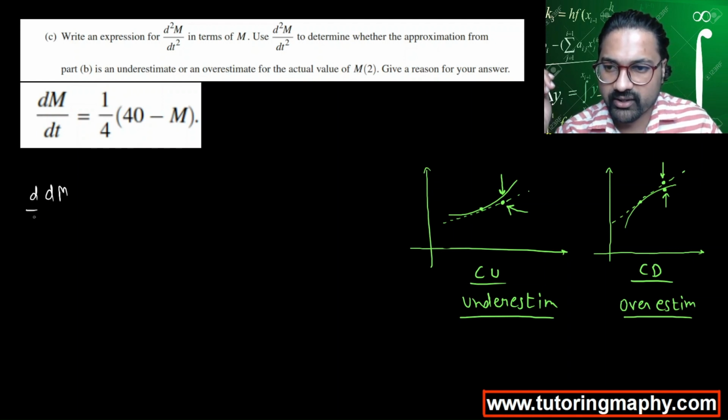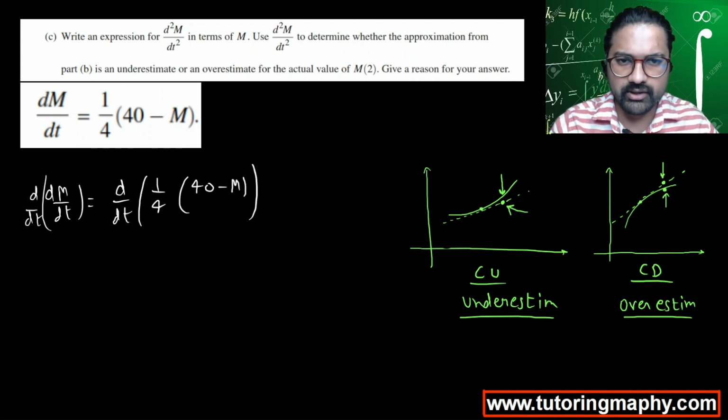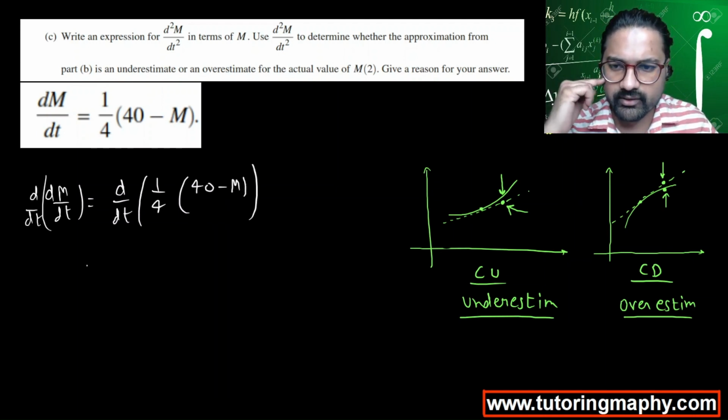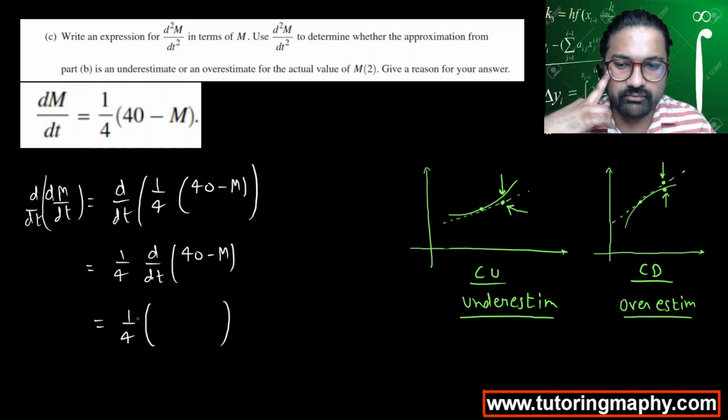So let me just go ahead and do d over dt of this thing. So that's going to be d over dt of 1/4 of 40 minus m, correct? Be careful over here. Why? Because I'll tell you in a minute. 1/4 comes out, d over dt of 40 minus m. So 1/4 remains as it is. What is the derivative of 40? 0.